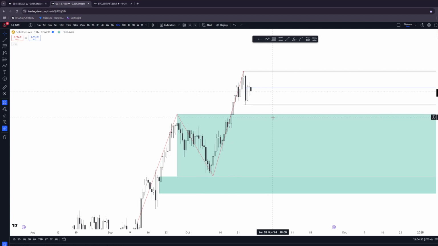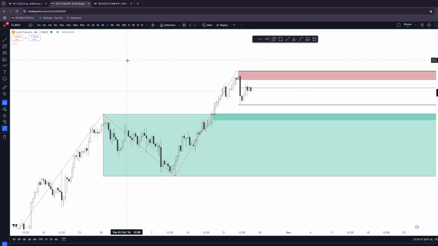So if price comes back down within this range, I'll be looking for a long. It's pretty big right here, so if it does start to come deep inside this area, probably the 50% mark, I'm kind of just waiting for another range to form, and then I'll just trade that range when it deviates either side. If it comes all the way down here, I'm not looking to just long right away for this low right here.